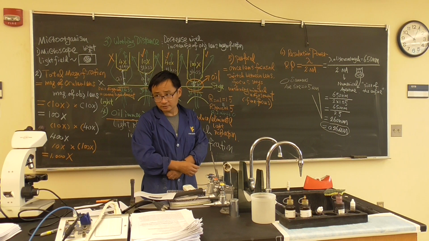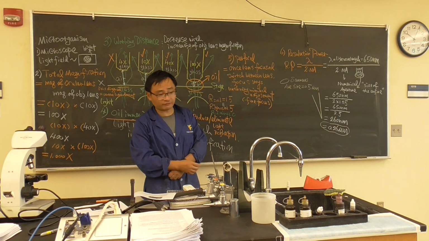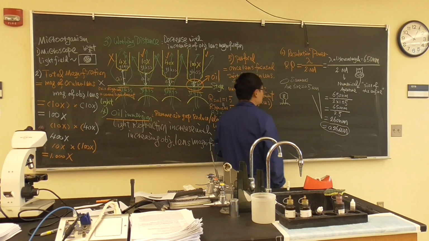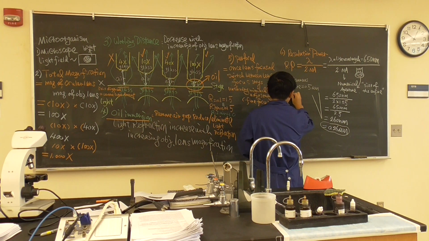Is that clear? But how about a virus? Okay, let's say we had a virus. We're going to draw the virus like that. A virus sometimes looks like this. The average size of a virus is like 10 nanometer.